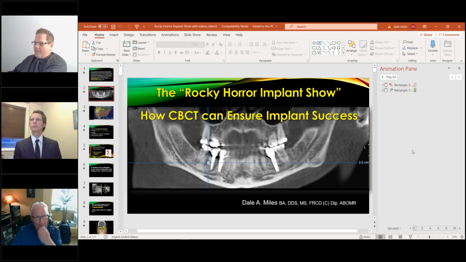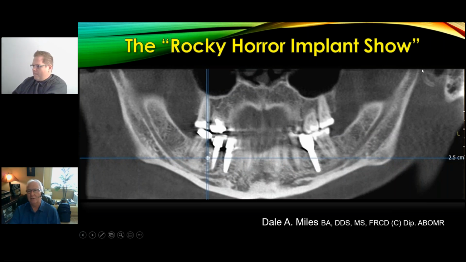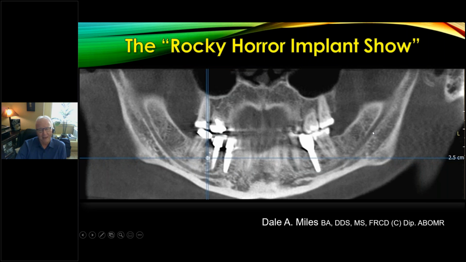So here we have the first slide, and what it said was the Rocky Horror Implant Show. And oops, you guys popped up again for some reason. I guess when I touched that top bar. The Rocky Horror Implant Show, and I had a whole music themed thing going on with Brånemark and the people from the Rocky Horror Implant Show with the Time Warp playing, but I'm going to skip that because I got a lot of information to present in 2 hours.